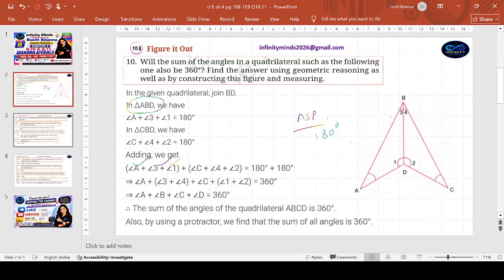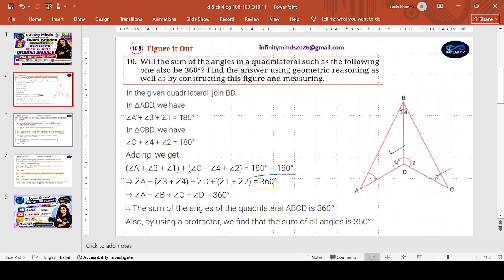Each triangle's angle sum is going to be 180 degrees. Simple as that. We are basically trying to put that into words. The first triangle, it is A plus 1 plus 3. And from the second triangle, it will be C plus 4 plus 2. So two 180 degrees getting added to give you a total of 360 degrees, children.